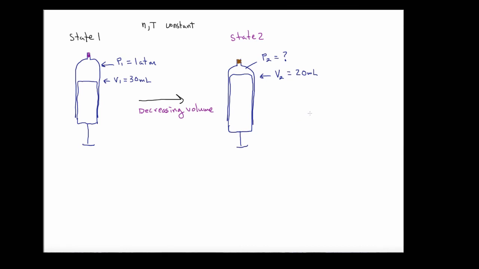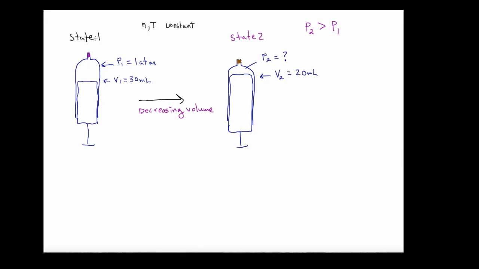So we can infer from the observation that we made that P2 in fact has to be higher pressure than P1. Let me establish that and write it up here in the corner. So P2 is going to be greater than P1. The pressure after we've shoved the cylinder in is going to be higher than the pressure that we started with when the cylinder was set at 30 milliliters.